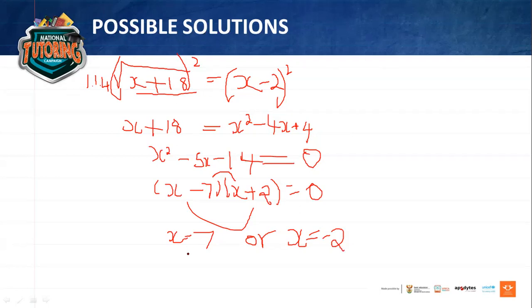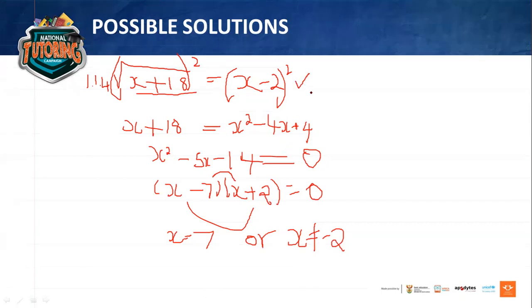If you do that, the 7, you put it here, is going to be 25, root of 25 is 5. When you put 7 here, minus 2, it's 5. So the 7 works. But negative 2 is not going to work. So as a result, we reject this negative 2. We say x cannot be equal to negative 2.